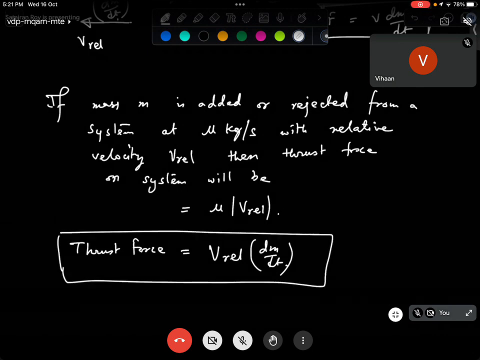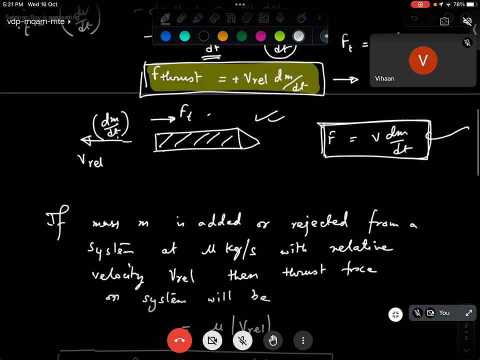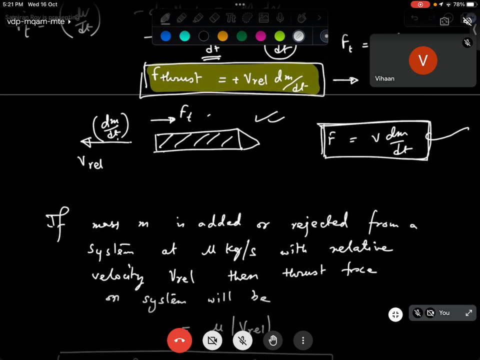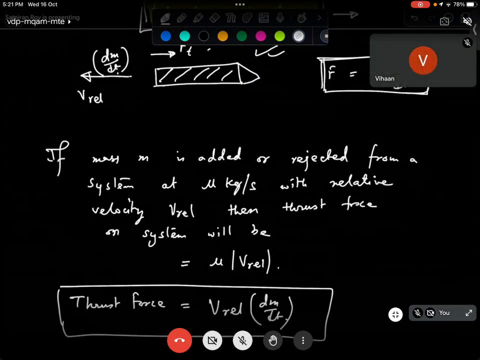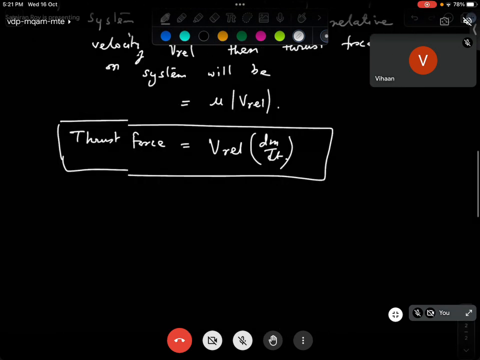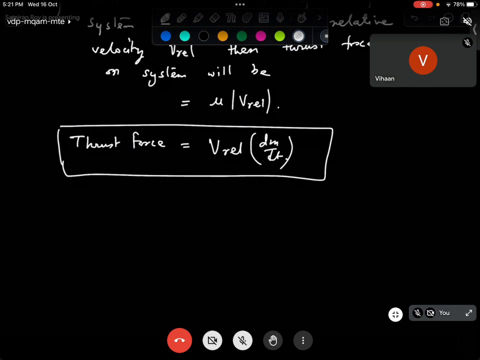If it is rejected, it will be negative. So based on that, it will have thrust force. So basic definition you understood for rocket. We'll also find what will be the velocity of rocket at any time. So you just need to remember this.